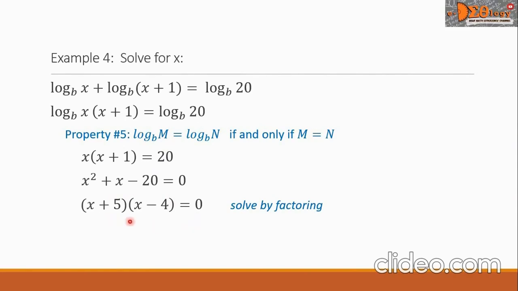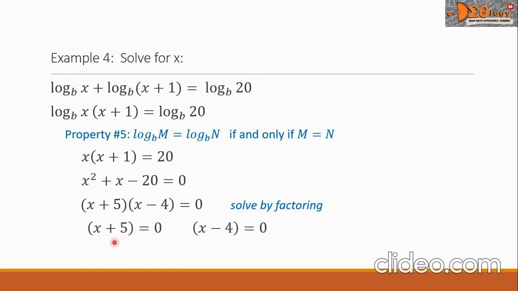And then for each factor, we will equate it to 0. Let's start with x plus 5, this is equal to 0, and x minus 4 is also equal to 0. Then let us simplify both equations. x plus 5 equals 0.